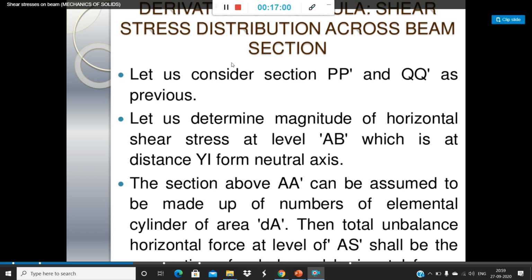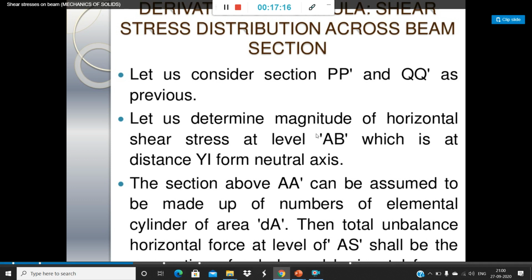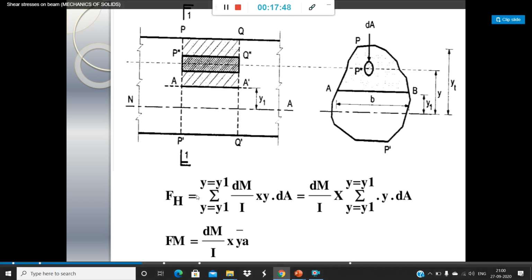If we see the derivation of the shear stress distribution across the beam section, we can see that if we consider a section PP and PQ as previously, and determine the magnitude of the horizontal shear stress at the level AB, at distance y from the neutral axis, the section above AB is assumed to be made of a number of elemental cylinders that have area dA, and the total unbalanced horizontal force will be calculated. So the total horizontal force is dM by I into y into dA, that we have done in the last part.